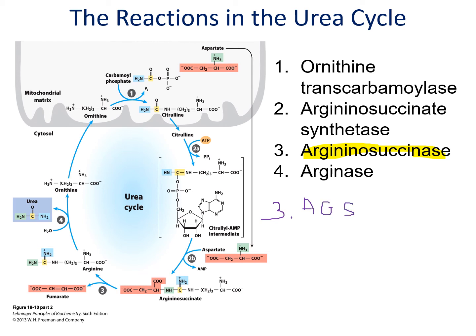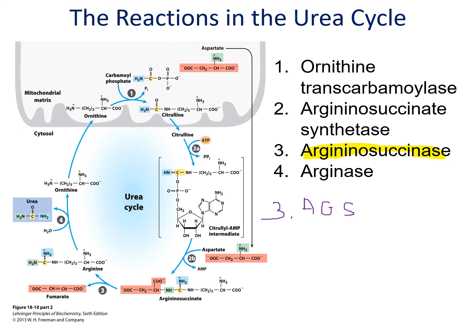We got it from the condensation of our citrulline and our aspartate that came from somewhere. And this enzyme is going to catalyze a reaction where we have fumarate leaving and we're forming an arginine.